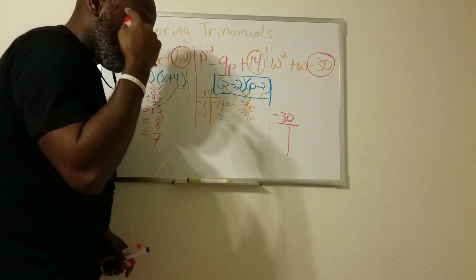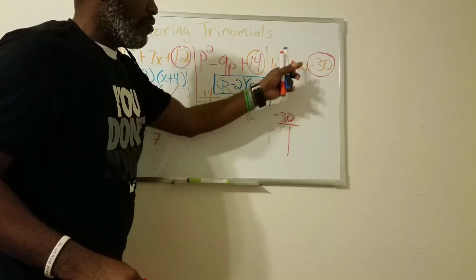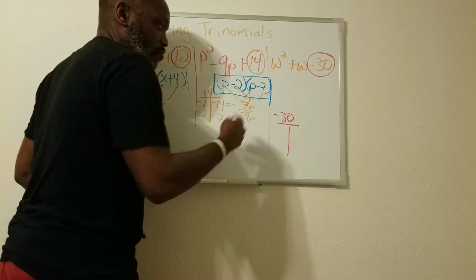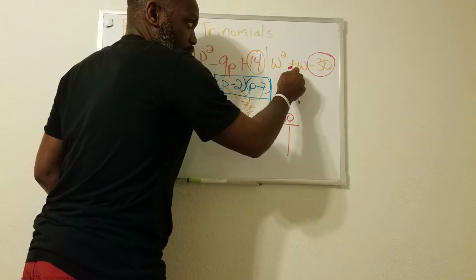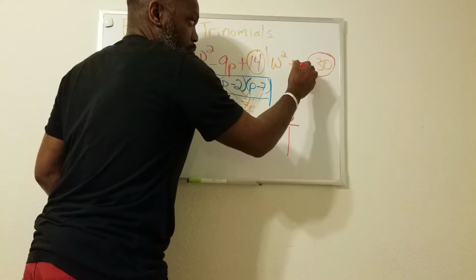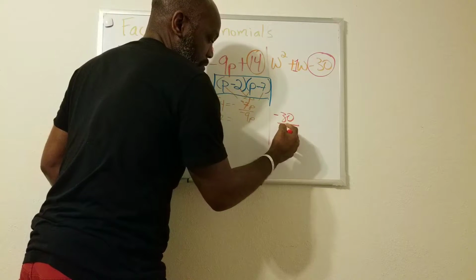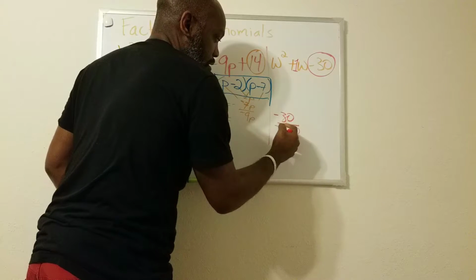Right, and so I think to myself, if I'm multiplying two numbers together to give me a negative 30, what would that be? Right, so it would have to be a positive number and a negative number. But notice that the middle number is going to be a 1. So I am looking at 1 and negative 30, or negative 1 and 30.